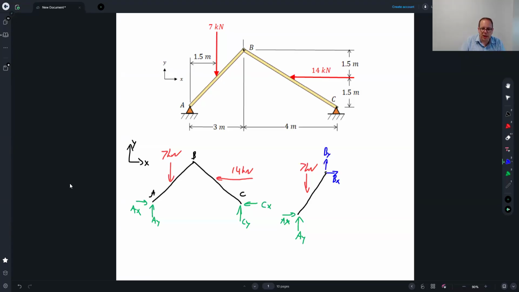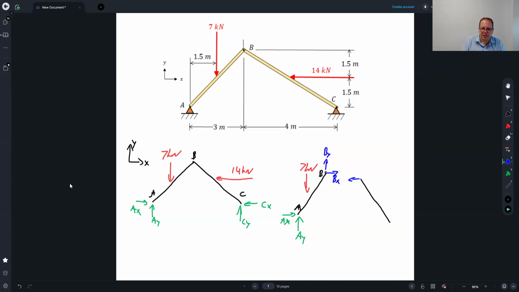So that'd be one. Now we have 4 unknowns and 3 equations, so we can't rely on that one alone either. So let's do the third one. Let's do B, C. Let's put the forces in first.